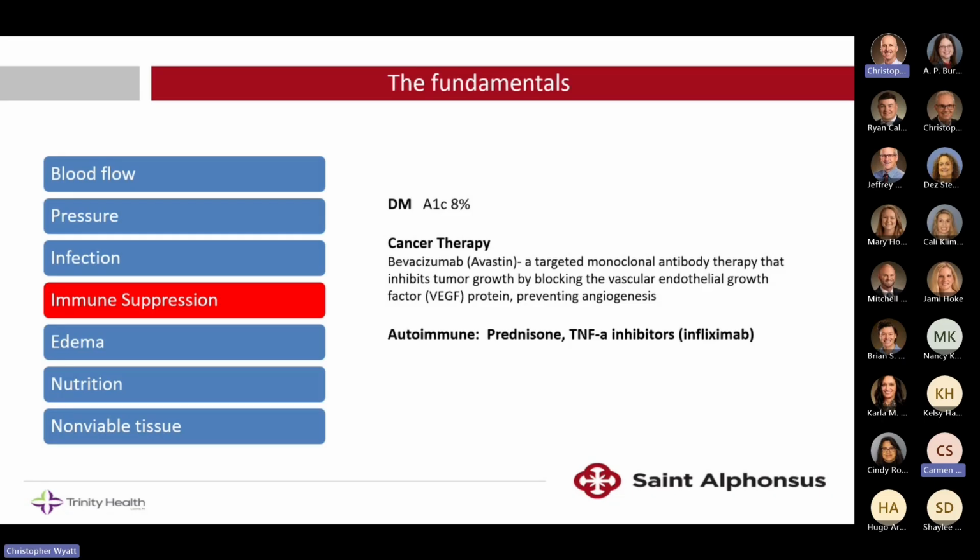And then the last area is autoimmune and inflammatory conditions such as vasculitis or pyoderma gangrenosum, which respond well to prednisone and other immune modulators.